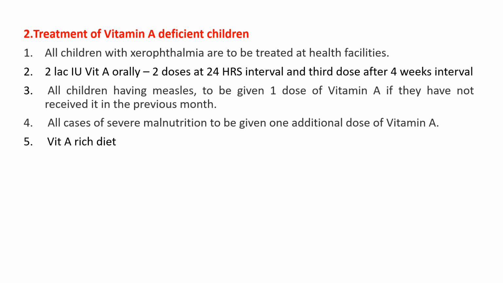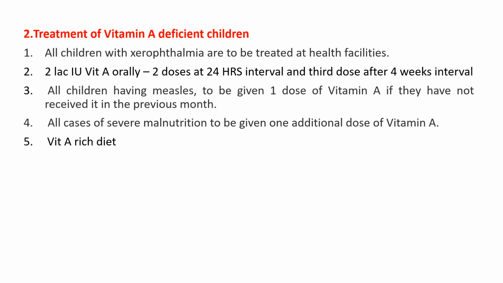But when there is vitamin A deficiency as evident in this particular card in the form of Bitot spot, or there may be night blindness mentioned in the card, then we will go for the therapeutic doses. It is usually in case of Bitot spot 2 lakh international units of vitamin A orally, 2 doses at 24 hours interval and the third dose after 4 weeks interval.